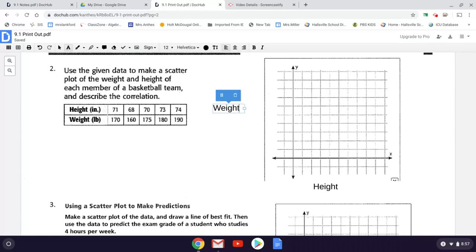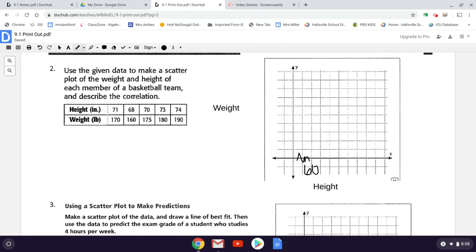And along the x-axis, it looks like your height is all in the 60s and 70s. So I would do sort of a squiggly line, and then I would start my height at 60 right here, and then I would have every block.